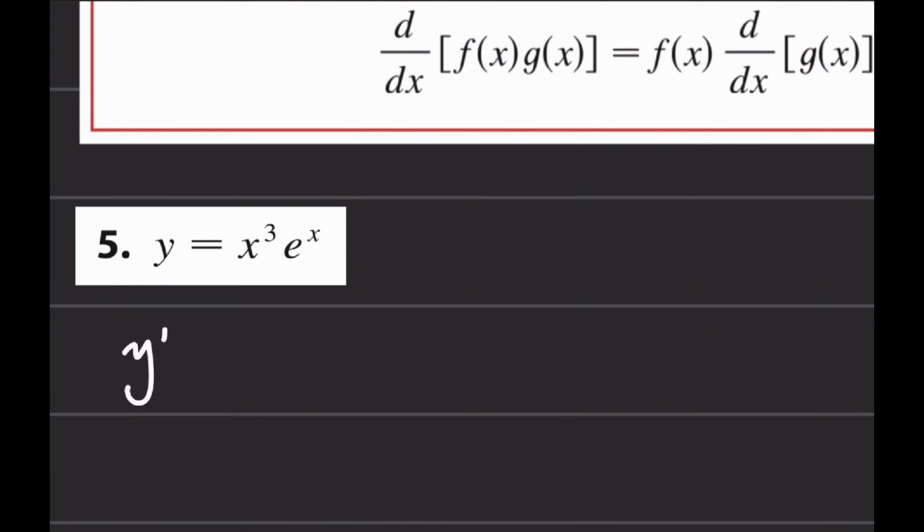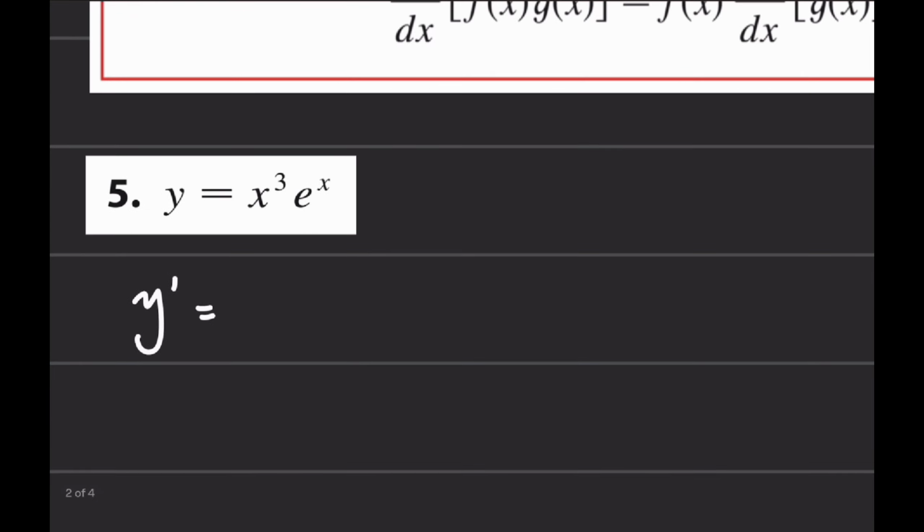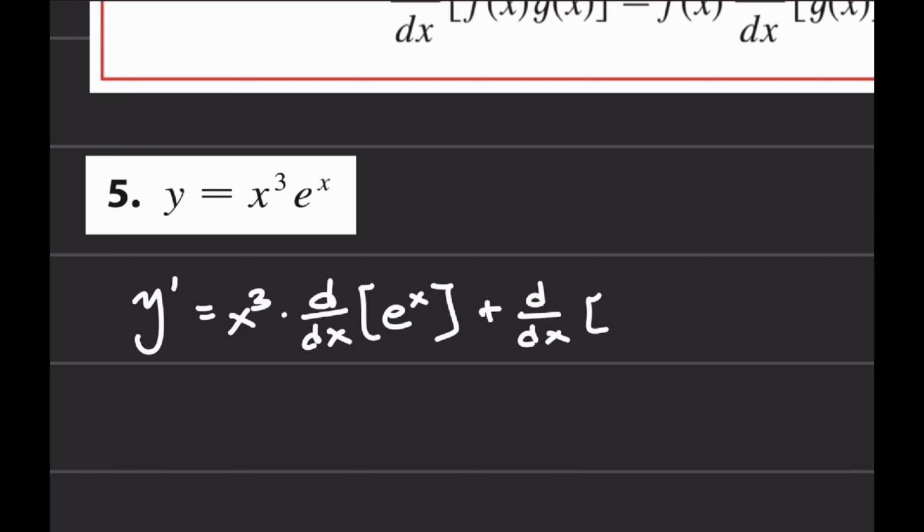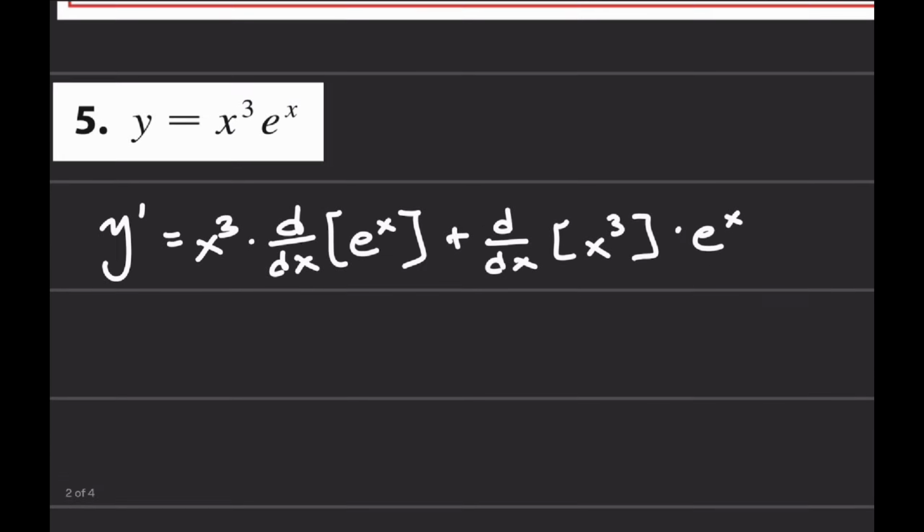Y prime is equal to, well, we're going to apply the formula, so we're going to leave this one for now. We're going to have x cubed, and then we're going to take the derivative of the other one, right? And then, same thing. So, we take the derivative of x cubed, and then leave e to the x, right?